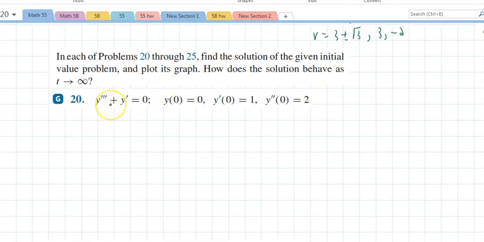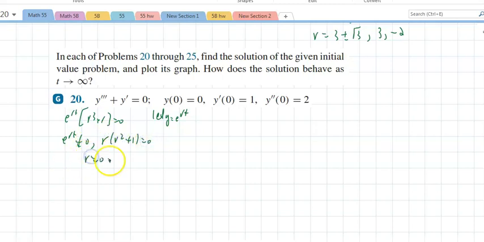Again, a third order with constant coefficients and it's linear. We're going to let y equal e^(rt). I'm going to get e^(rt) times (r^3 + r) equaling 0. e^(rt) cannot equal 0. It has to be r(r^2 + 1) equals 0. r equals 0 or plus or minus i.